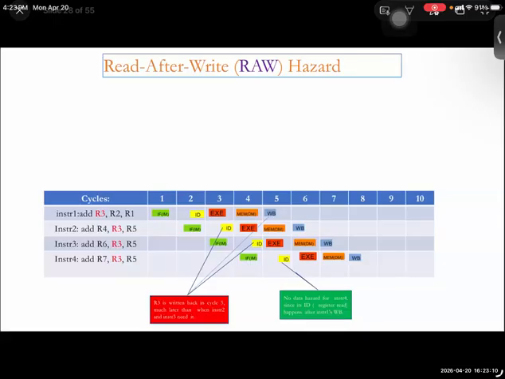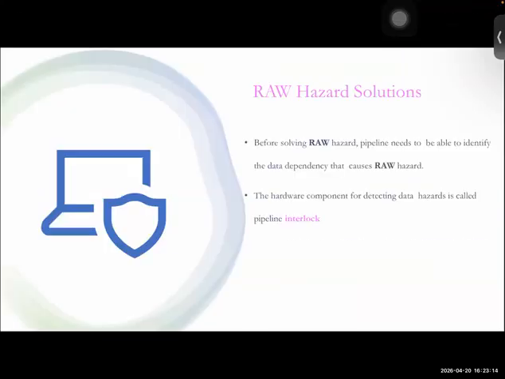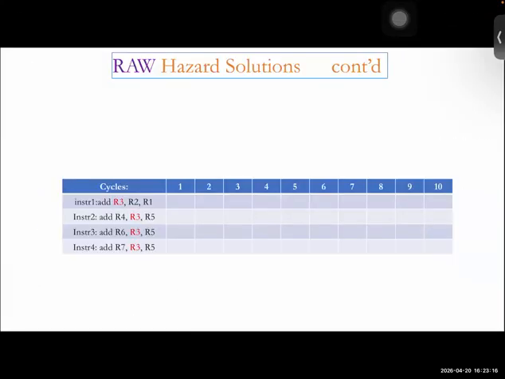So what will be the solution? The first solution is to stop the execution of instruction 2 and instruction 3. That we call stalling the pipeline. First, for instruction 2, let us find the solution.